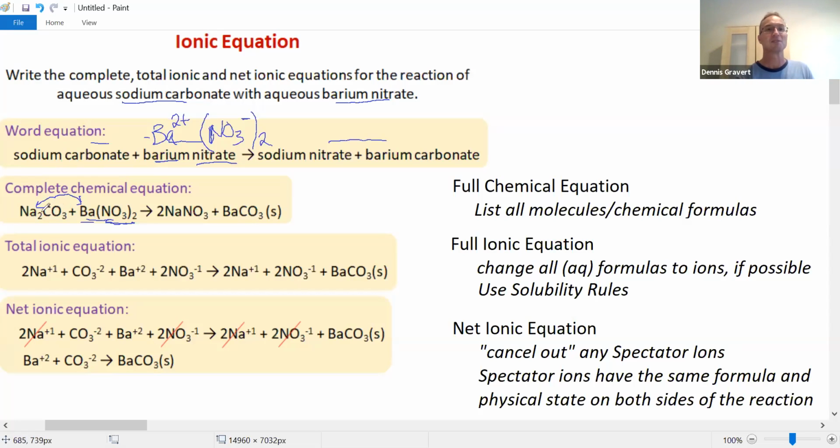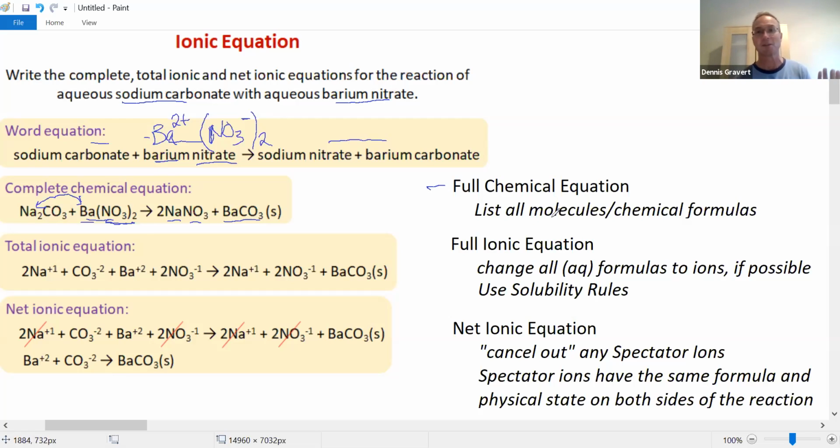Okay, so sodium pairs up with nitrate, then you get sodium nitrate as one product. And when barium binds to carbonate, making an ionic compound, you get barium carbonate. Cool. And that's a complete chemical equation, or sometimes called the full chemical equation.